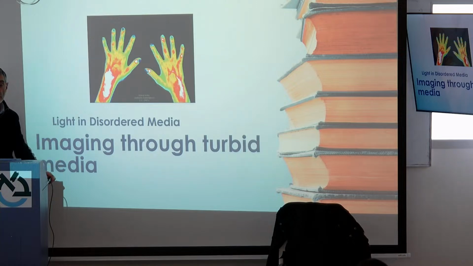You also want to reach small sizes, so you want resolution. You want not only a picture, you want a three-dimensional picture, so that's called tomography. You want a full map of the object. All these are issues that are related obviously to light scattering when you want to image with light.